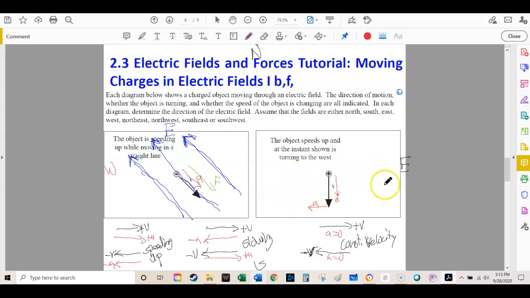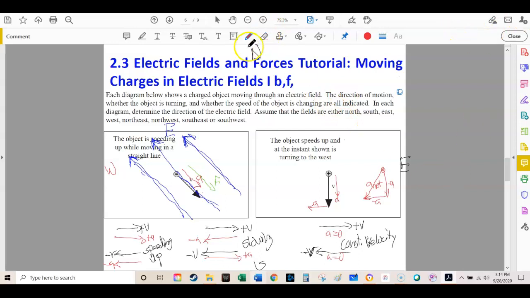So I'm going to put these two acceleration vectors together. I have an acceleration vector pointing down, so it'd be speeding up, and another acceleration vector pointing in the negative x direction. So I have a negative y direction acceleration vector and a negative x direction acceleration. So the overall acceleration vector started here, ended here, so the net acceleration vector is going to be pointed down and to the left.